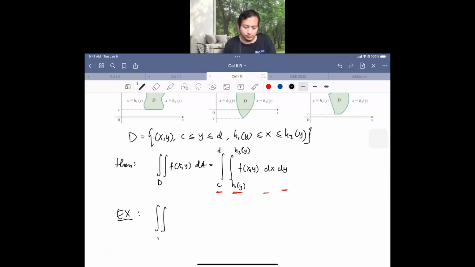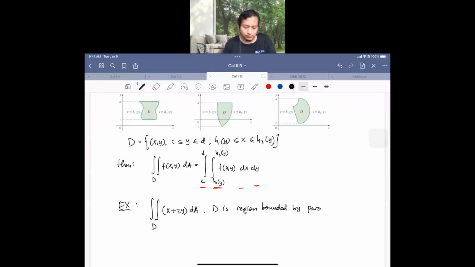So let's evaluate the double integral of x plus 2y dA, where D is the region bounded by the parabolas y equals 2x squared and y equals 1 plus x squared.